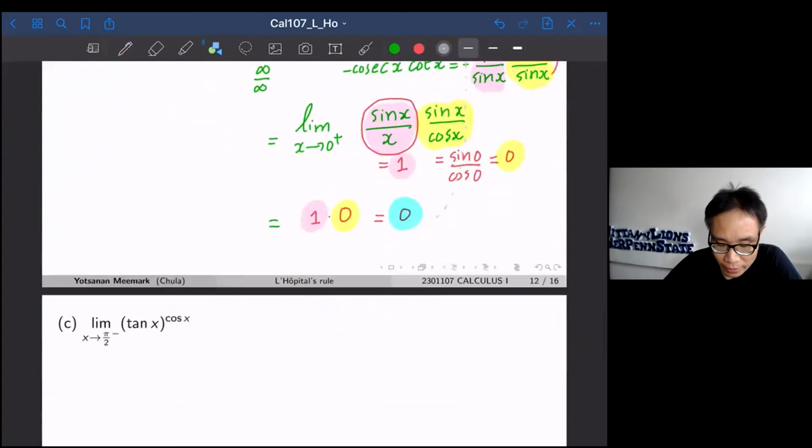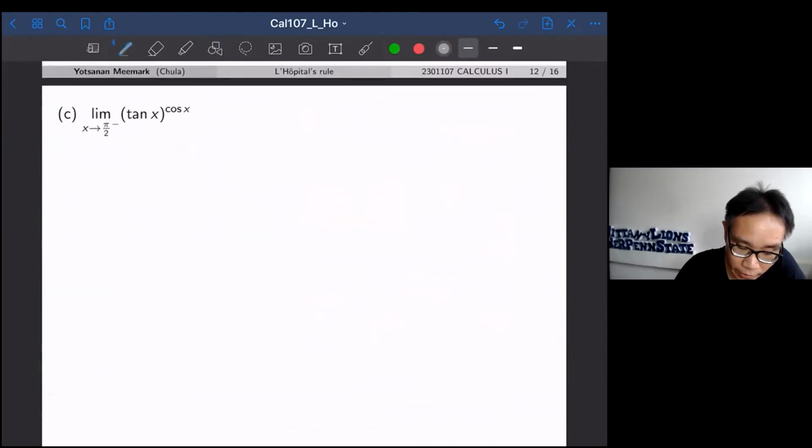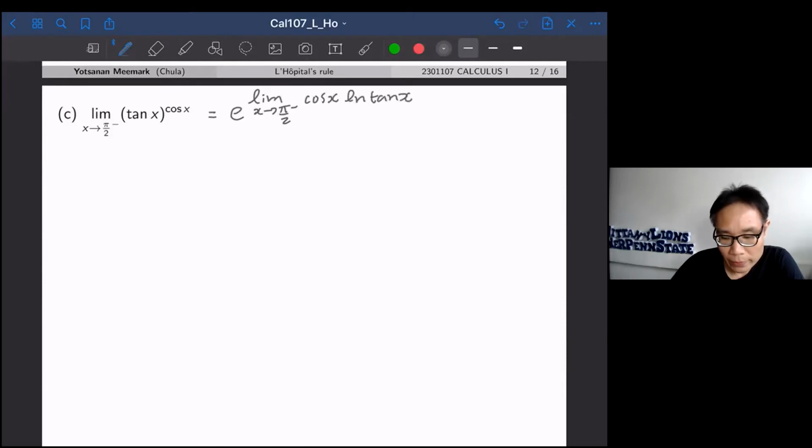The next one, you have the limit as x goes to pi over 2 from the left of tan x to the cos x. In this case, you change this one into e to the limit as x goes to pi over 2 from the left of cos x log tan x. This one will be e to the limit that you're gonna find in the second step.